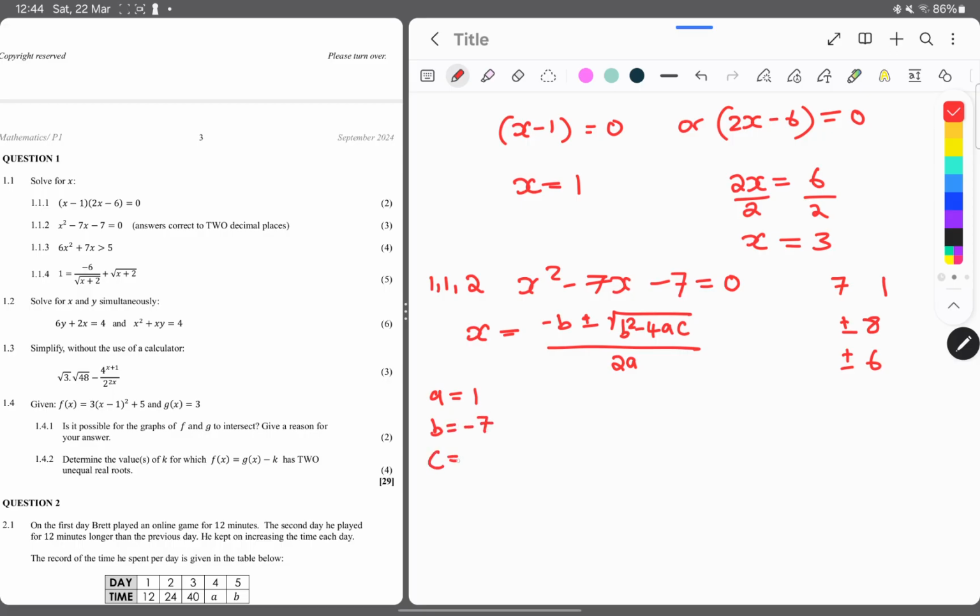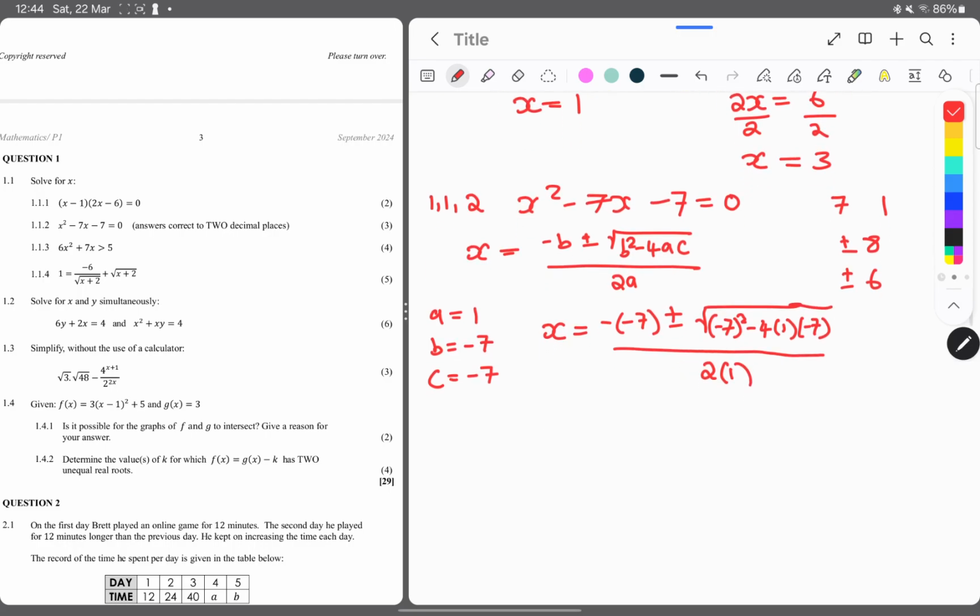What is c? c is equal to minus 7 as well. Then we substitute. Remember, every time you substitute, you must put things in brackets. Minus (minus 7) plus or minus the square root of (minus 7) squared minus 4 times 1 times (minus 7), again, divided by 2 multiplied by 1.